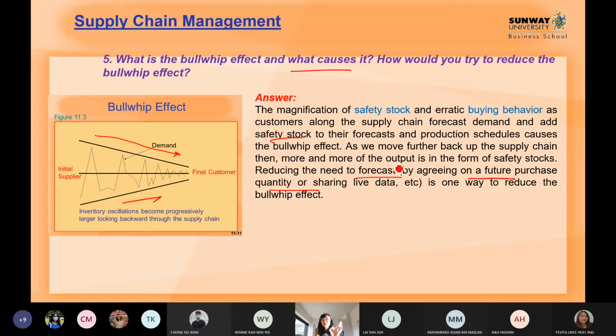Otherwise, if they do the manufacturing before pre-order, they will not know which color, red, gold, black, which one is the most popular item. Don't do the wrong production. Okay, how do you reduce the bullwhip effect? Forecasting and pre-order purchase, that's good enough to reduce the bullwhip effect.